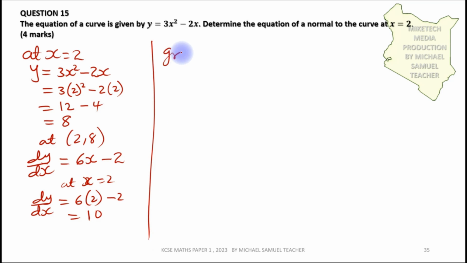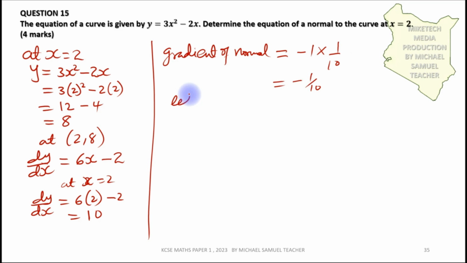So the gradient of the normal will be, remember the product of the gradient of the normal line and that of the curve will be equal to minus 1. Therefore, the other one will be minus 1 times 1 over 10, which will be minus 1 over 10.